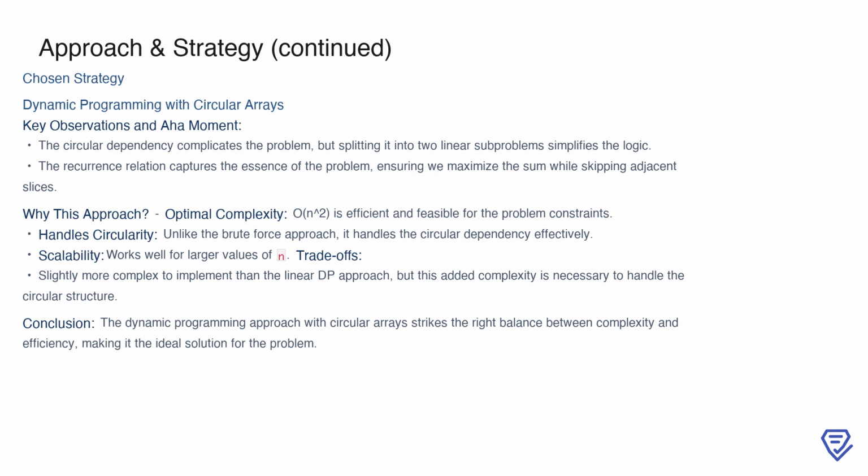This method achieves an optimal balance between complexity and efficiency, with a feasible O(n squared) time complexity for the problem constraints. Unlike the brute force approach, it handles the circular dependency effectively, and while it is slightly more complex to implement than the linear DP approach, this added complexity is necessary to address the circular structure. Overall, this strategy is both scalable and optimal, making it the ideal solution for this problem.